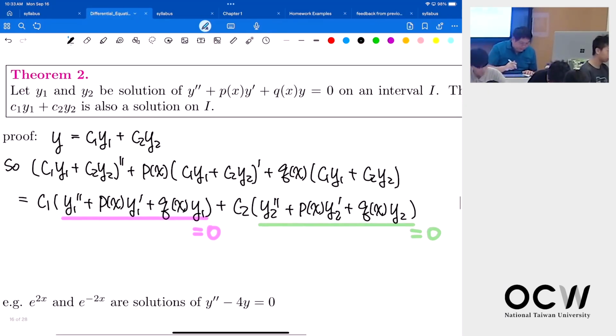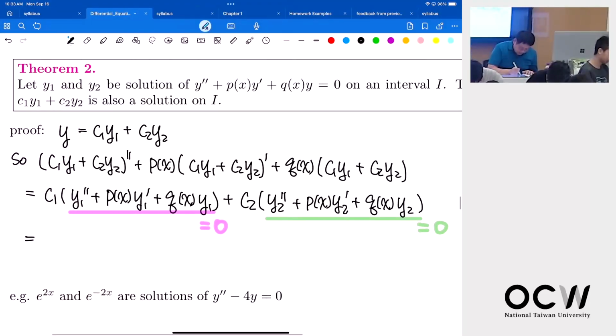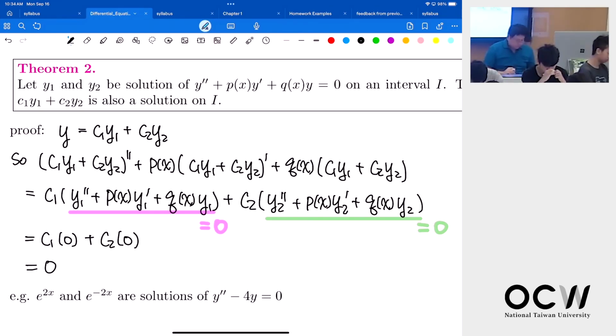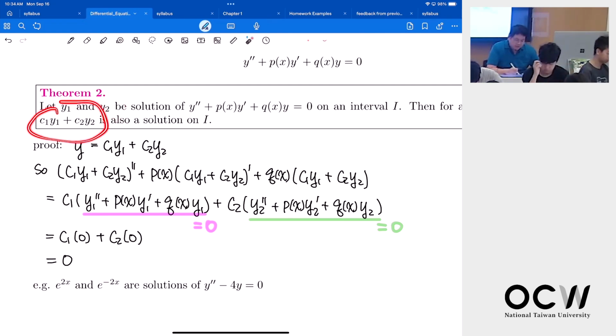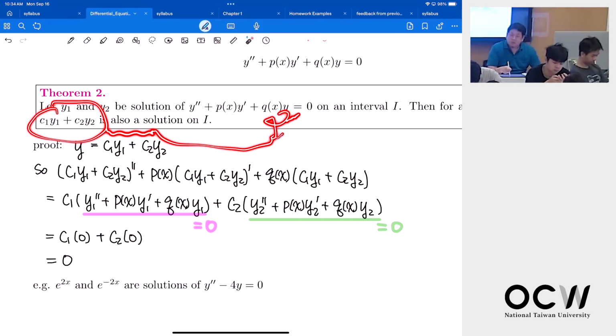Then we have c1 times 0, c2 times 0, and we get 0. So from this theory, if we know that y1 is a solution and y2 is also a solution, then the linear combination of these two solutions is also a solution of the differential equation.